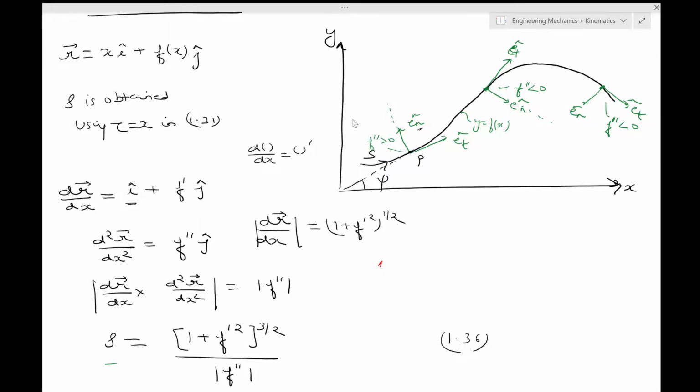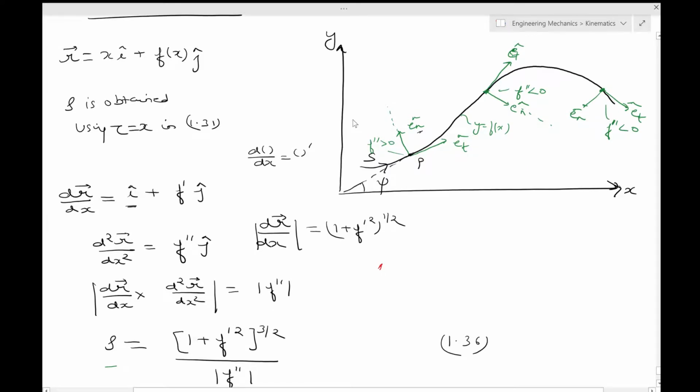So En would be written as plus minus sine psi i hat plus cos psi j hat.